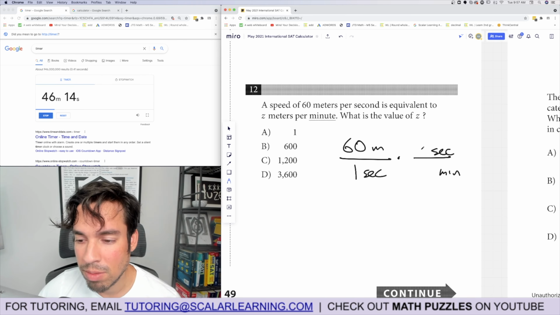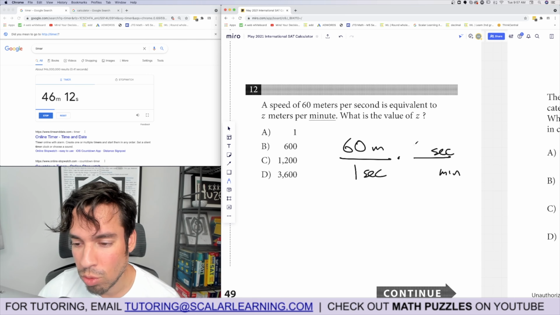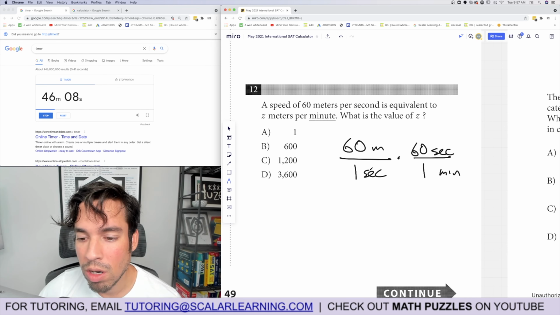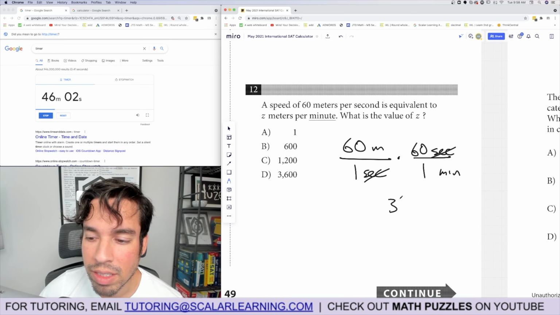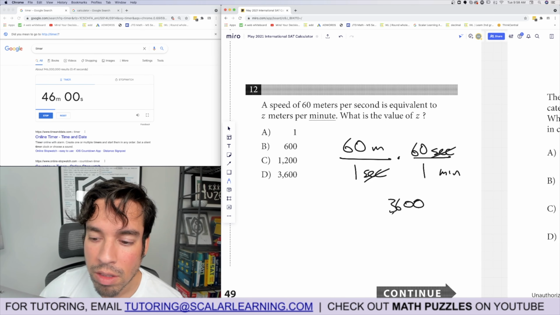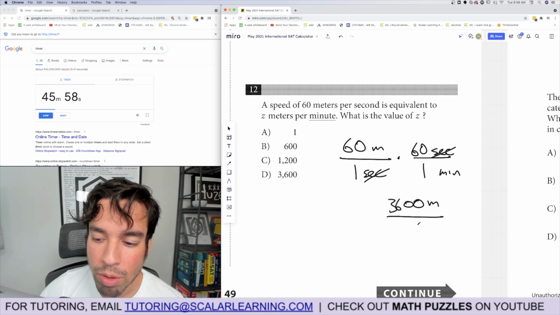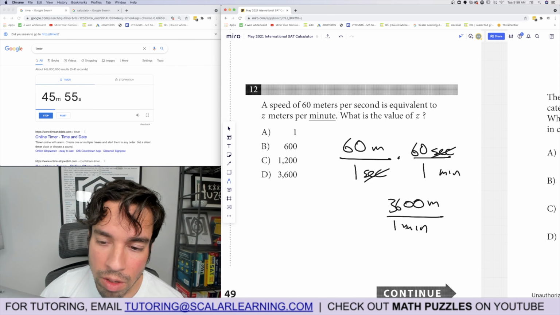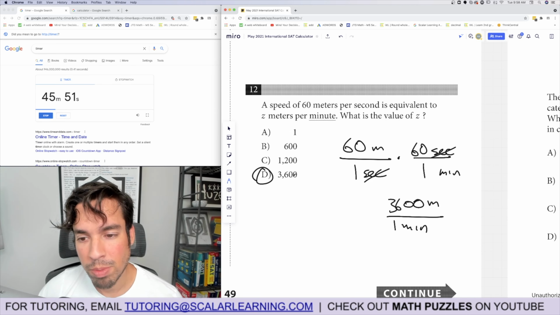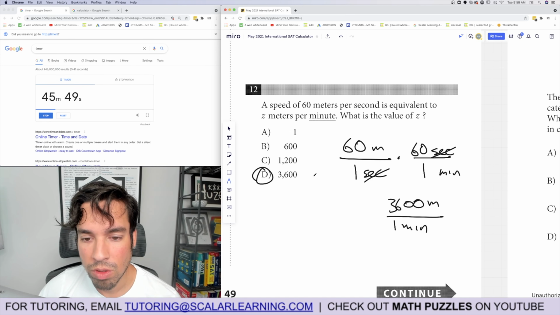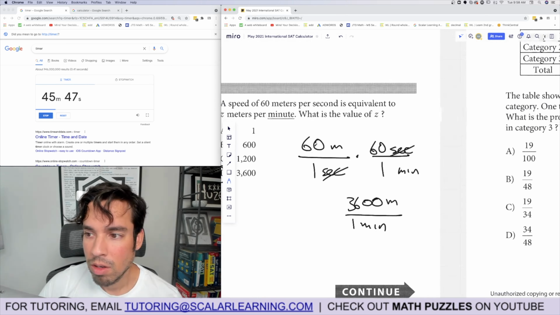And then I need an equivalency because this is a unit ratio, meaning it equals 1. Well, how many seconds equals a minute? 60. So 60 to 1, cancel, cancel. And now I have 3,600 meters per 1 minute. So z is 3,600. Let me just make sure that makes sense. Yeah, it makes sense. Okay. 13.